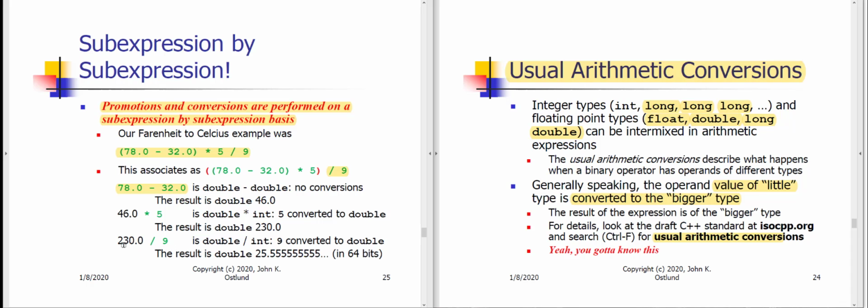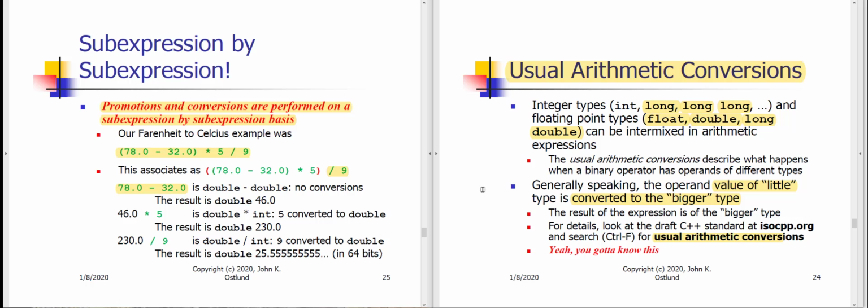Now, that result, 230.0 as a double, is then divided by an int. The int is converted to floating point, namely double precision 9.0, and 230.0 divided by 9.0, as we discovered, was 25.555, to the extent that that can be stored in a 64 bit representation as a double.